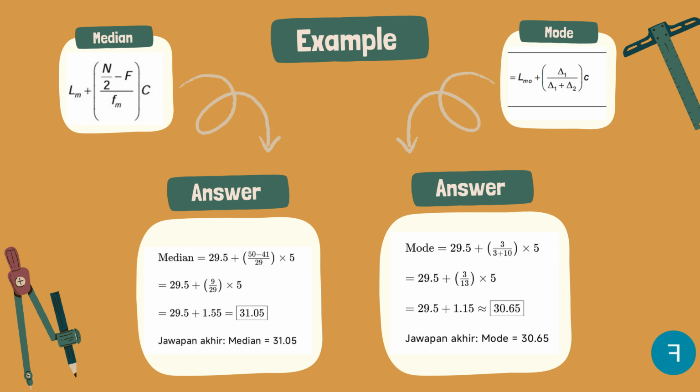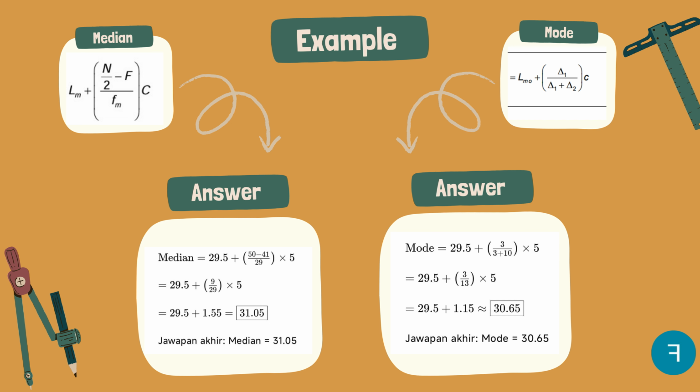Okay, first we need to simplify the number in the bracket first, and the answer we need to plus with the lower boundary. So 29.5 plus 1.55 equals 31.05.